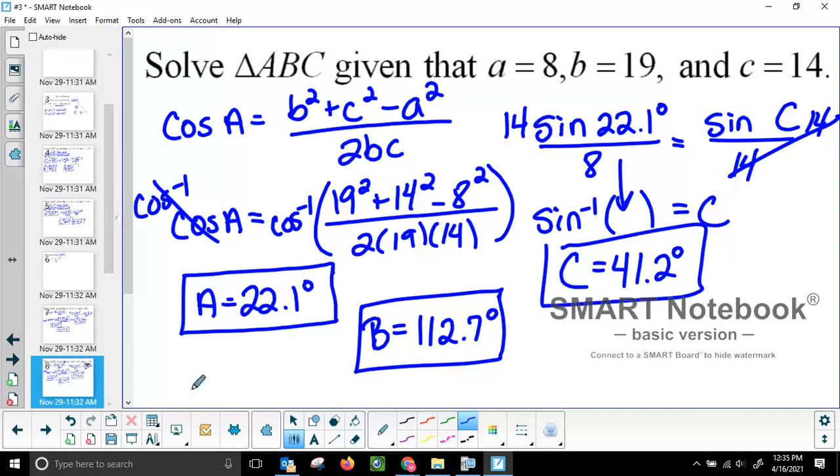Oh, I'm a complete idiot. I didn't do that anywhere close in my head correctly. All right, so that's 63.3. Then it should be 116.7 degrees. And now we're good.